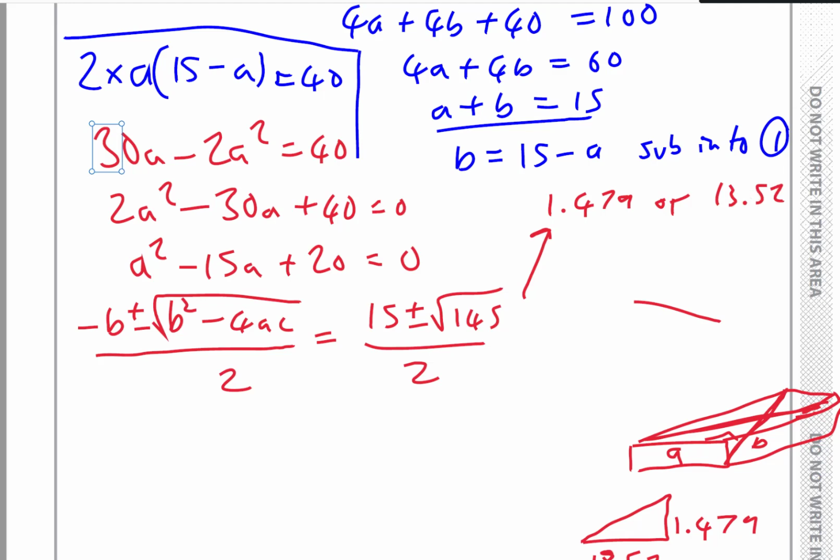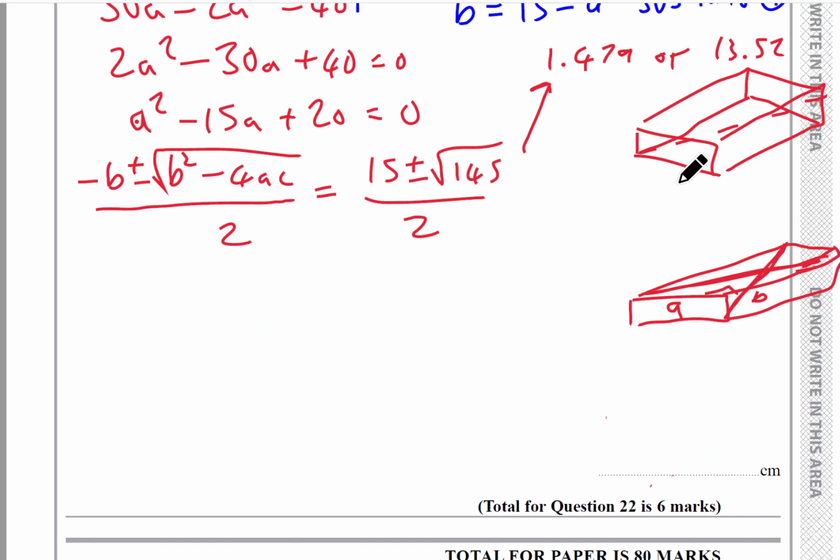Can I draw a better picture? We're going to use our values for A and B to find the diagonal of the bottom base of the cuboid. So this one, A and B, that's the right angle.